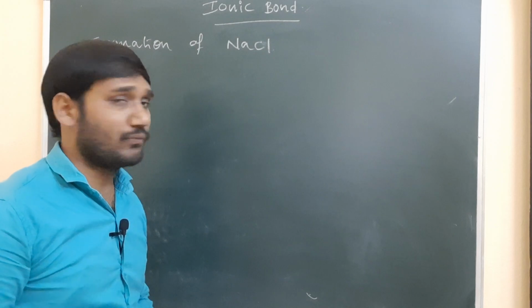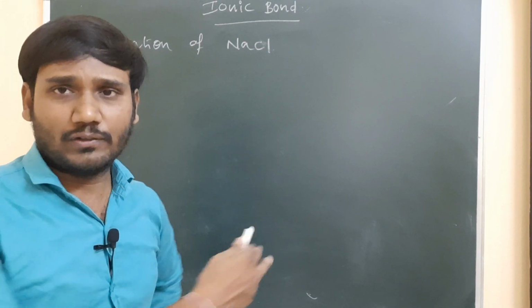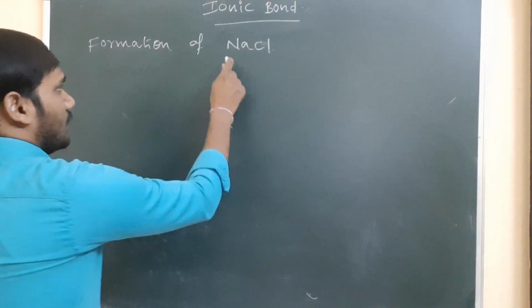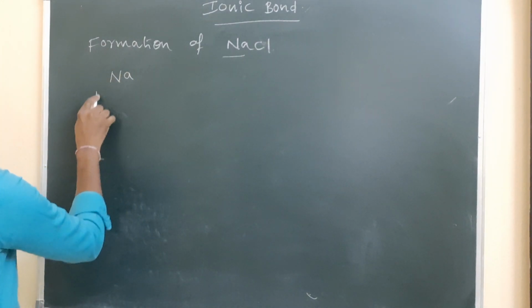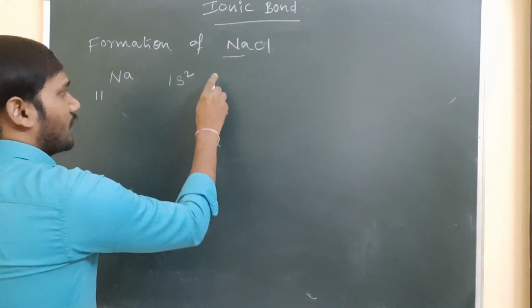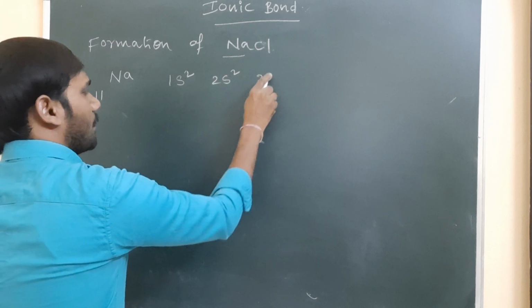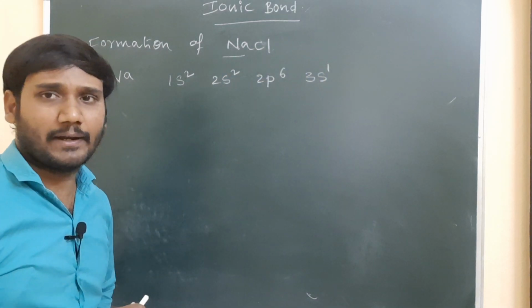Then how can you identify, by knowing the atomic number, the elements which belong to the first group and the seventh group? For example, sodium atomic number is 11, and its electronic configuration is 1s2, 2s2, 2p6 and 3s1. This is the sodium electronic configuration.